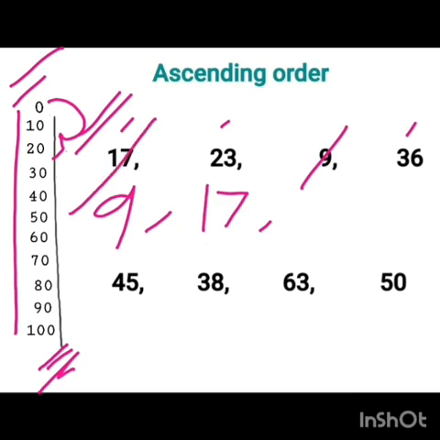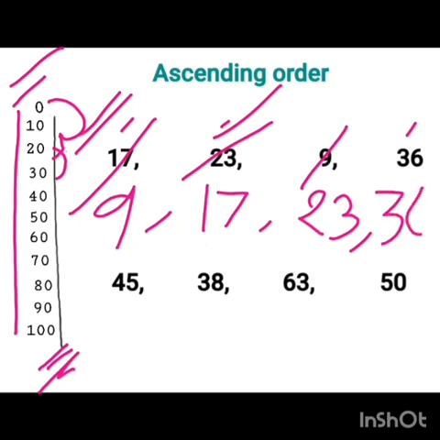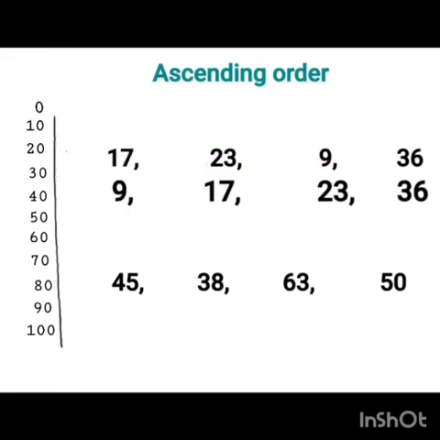Now next we will see in the 20s range. So 20 to 30. Do we see any number? Yes, we have 23. So write here 23 and we have to cut 23 here. So then the last number, you know which is left, the biggest number. So that is 36.